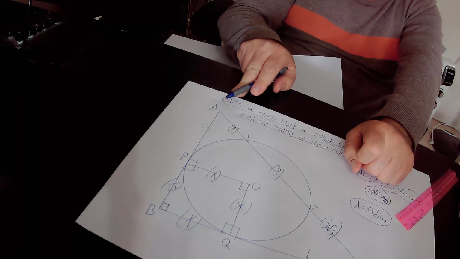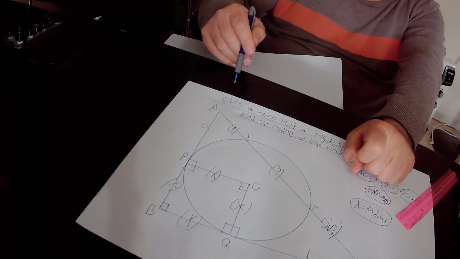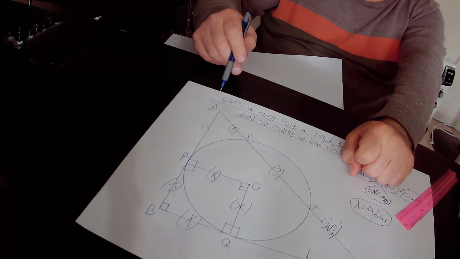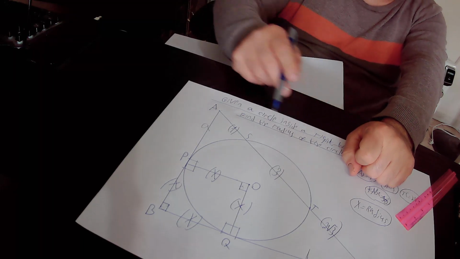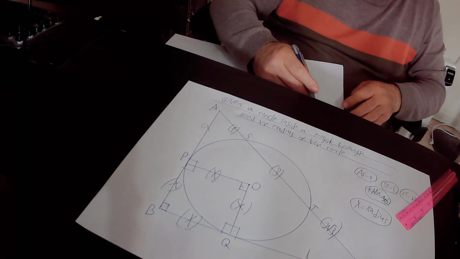And therefore, according to rule 10, we get that AP square equals AS times AT. Again, AP square equals AS times AT. So I write it down.